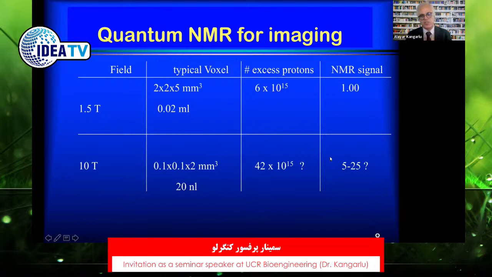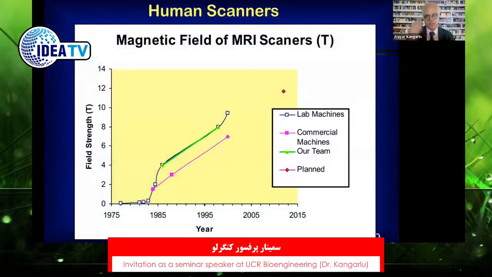And therefore, considering all the other factors, all the engineering factors, and all the physics factors that we could lump in to enhance the signal, we predicted that an MRI scanner operating at a field of 10 Tesla would be able to give us an SNR advantage of anywhere from 5 to 25 times that of signal-to-noise of 1.5 Tesla scanners.